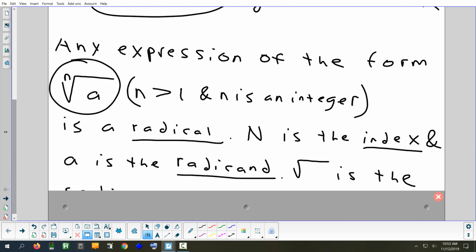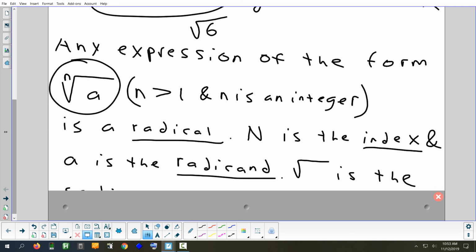The thing that you put under the root, okay, basically, what are you taking the root of? So like if I did this, 6 is called the radicand. It's basically the thing that you're taking the root of.